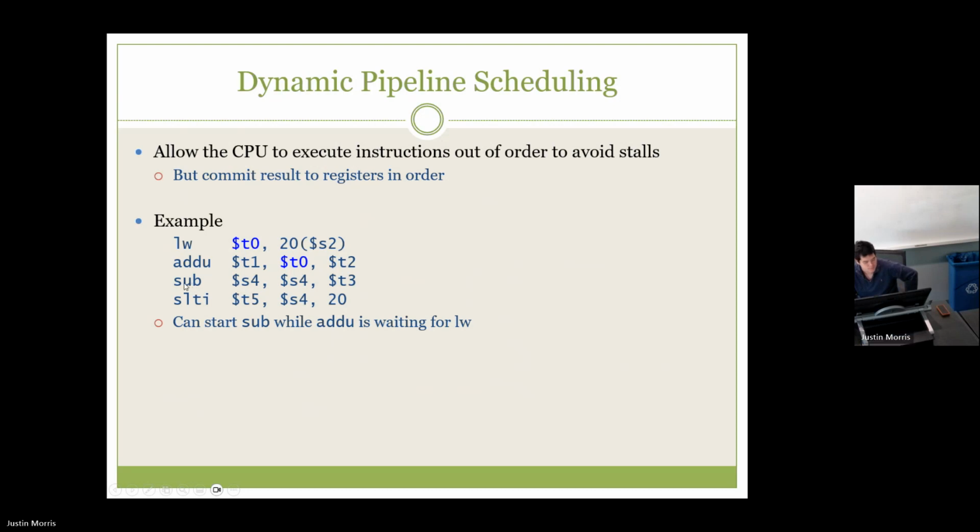But in my buffer, I have this sub that's going to come up, and it's independent. So combining this dynamic pipeline scheduling with out of order execution, I can find more independent instructions.